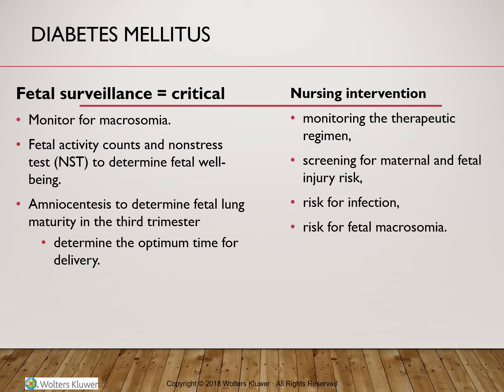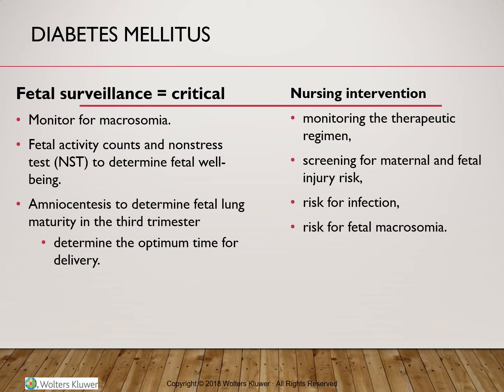So we are going to do both non-stress tests and biophysical profiles for those babies. In some cases, we may prescribe a contraction stress test if the non-stress test is non-reactive or the biophysical profile is non-reassuring.